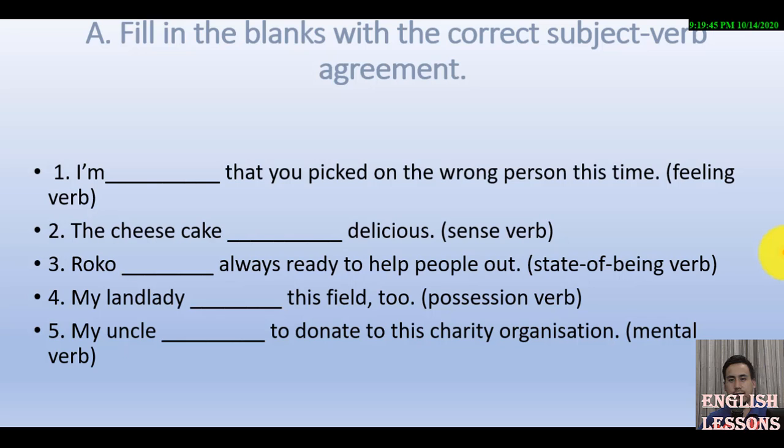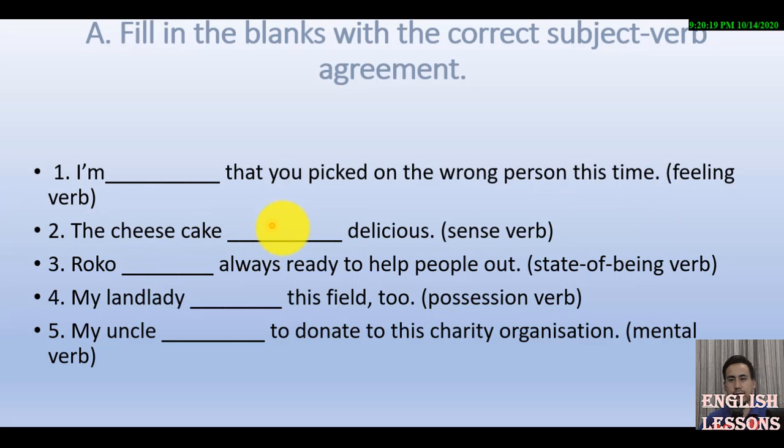So here, find an appropriate word which comes under filling verb. So here it will be I am, I'm fearing that you picked on the wrong person this time. I'm fearing. I am fearing that you picked on the wrong person this time.